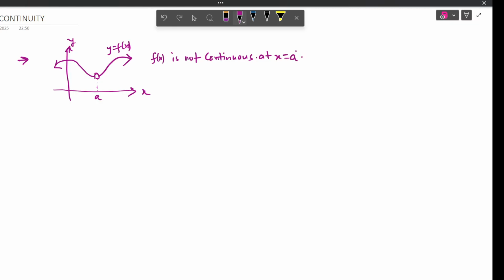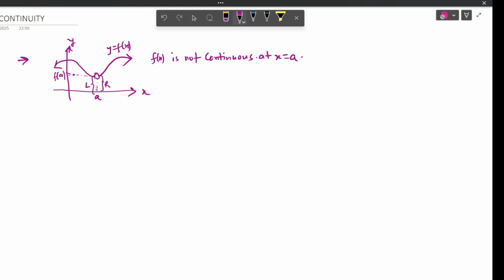right? And we say that if we see that on the left hand side the height is L and on the right hand side of the hole the height is R, and this hole has the value f(A), that is this height is f(A).